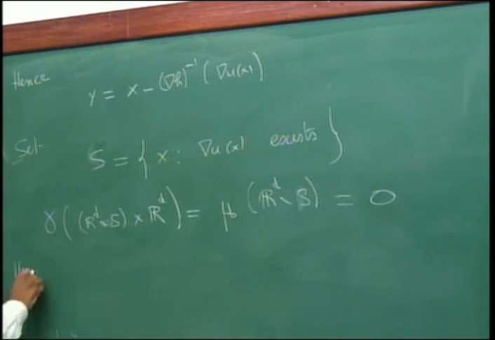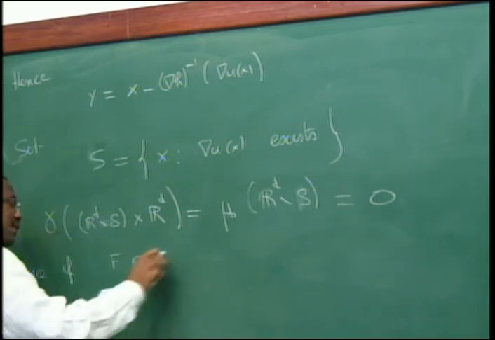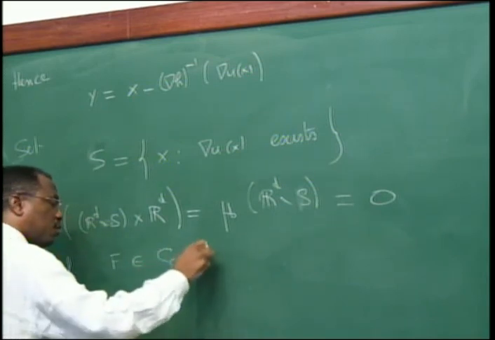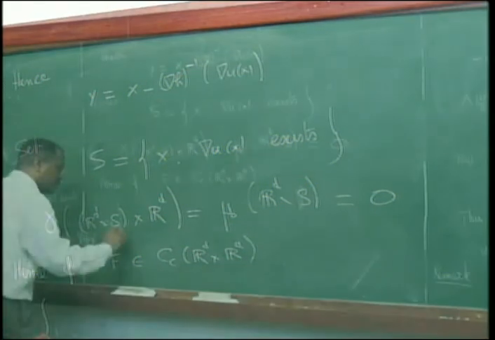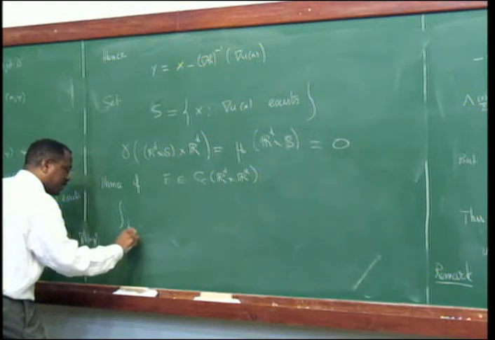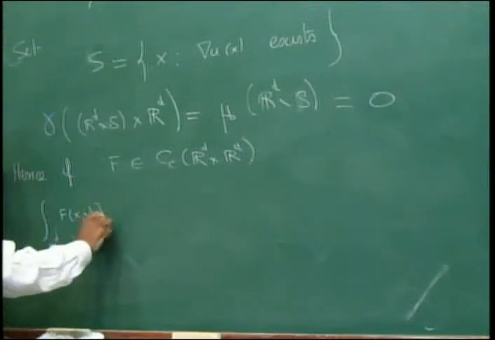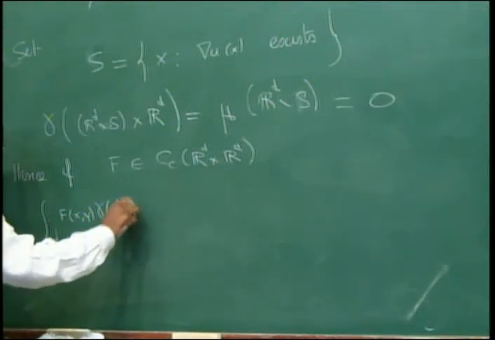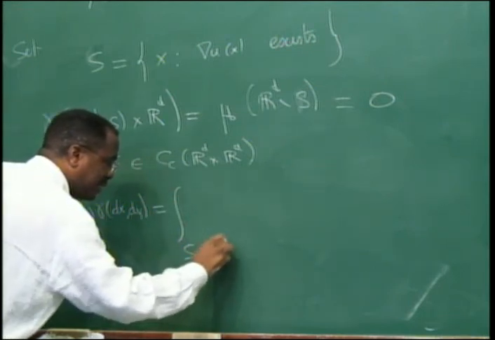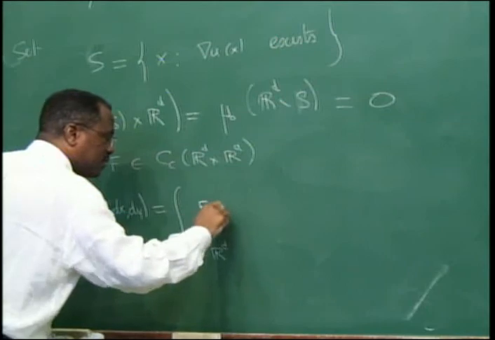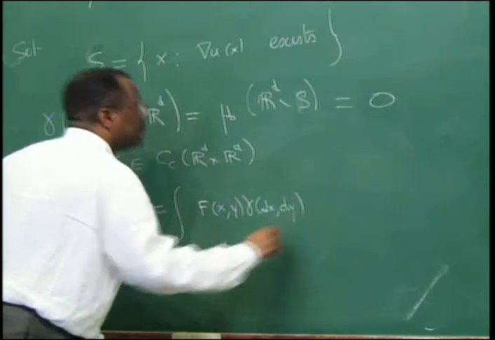Hence, if f is continuous with compact support from R^d to R^d, the integral over R^d cross R^d of f of x, y, gamma dx dy is the integral over S cross R^d of f of x, y, gamma dx dy.